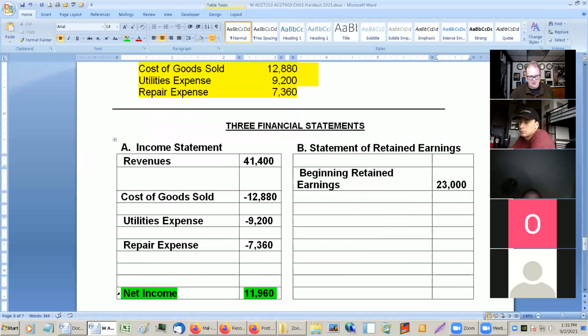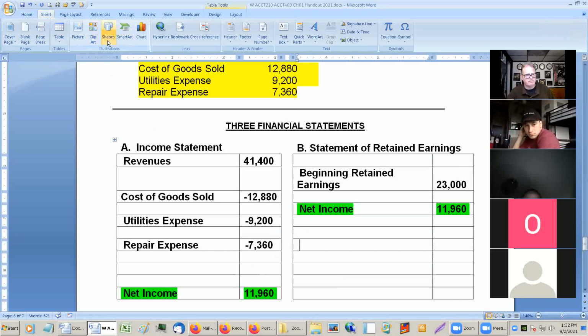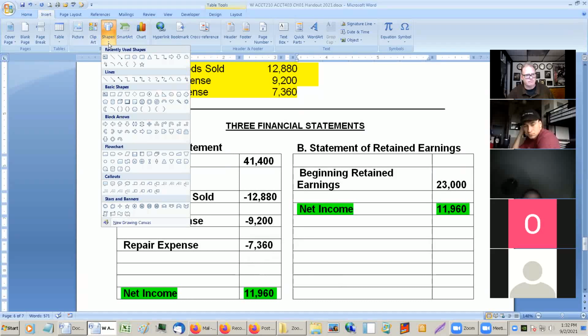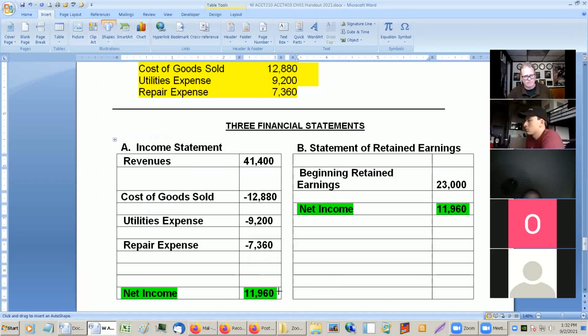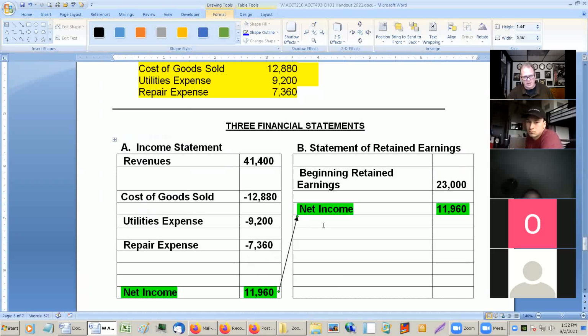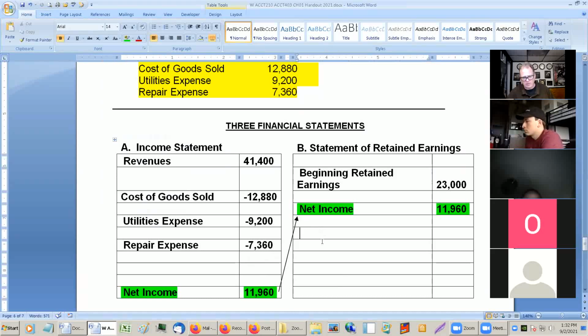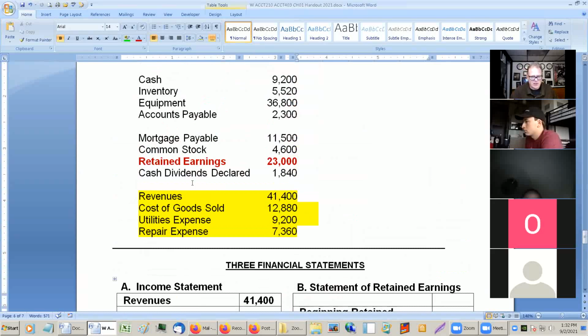I'm going to get lazy and just cut and paste this. So our net income goes into our piggy bank, into our retained earnings. Owners took some money out, most likely.